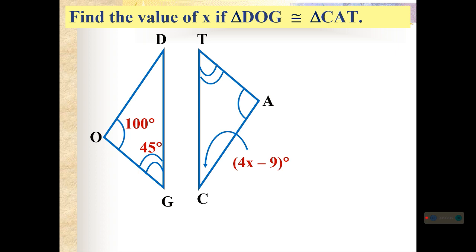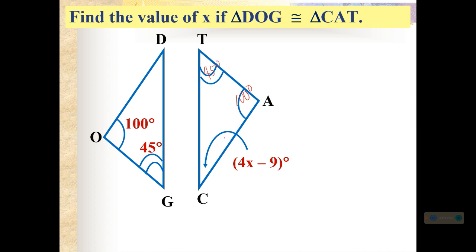To easily solve this, you may use the corresponding parts. Angle O corresponds with angle A, so this is 100 degrees. Then angle G corresponds with angle T, so this is 45 degrees.